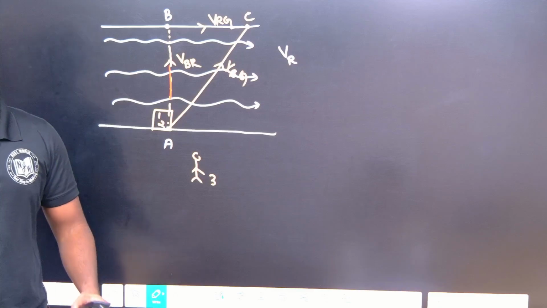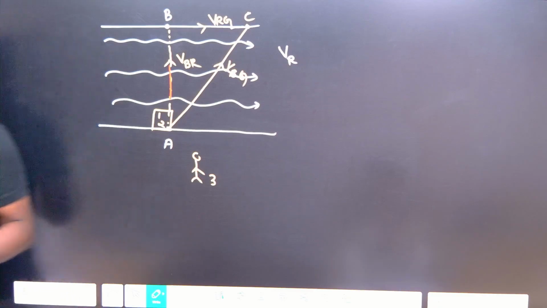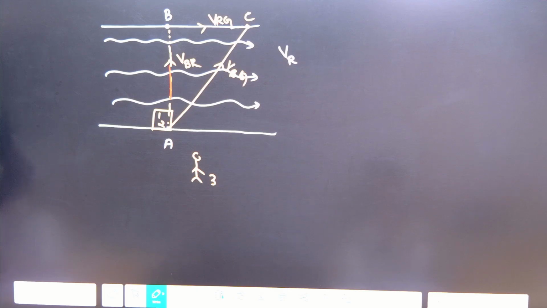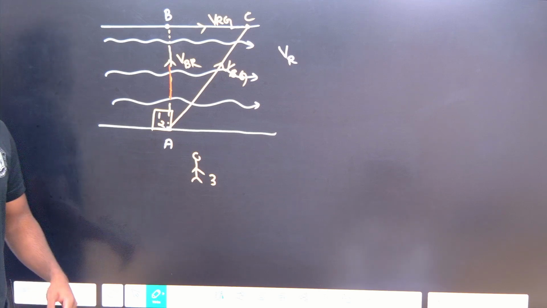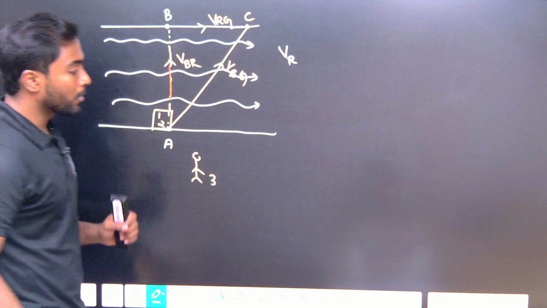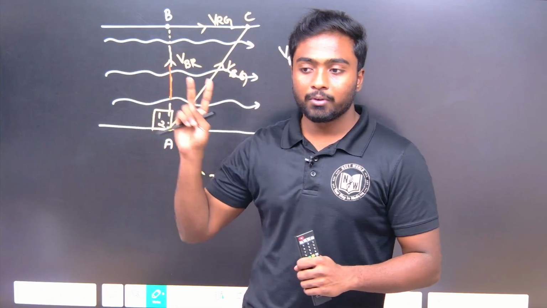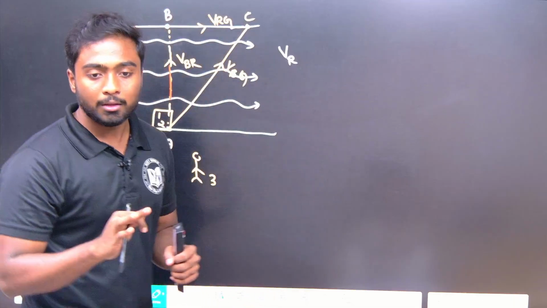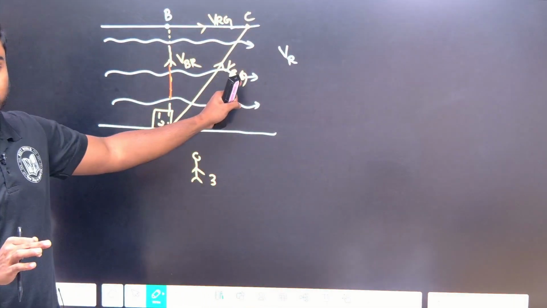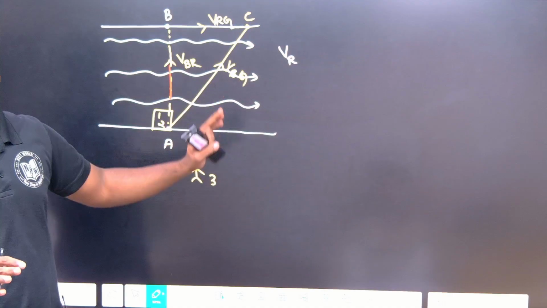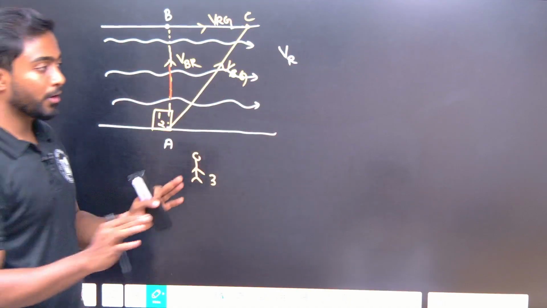Now the terms we are using here are the velocity of the boat, the velocity of the river, and the velocity of the ground. Three things are there. Don't get confused between them.